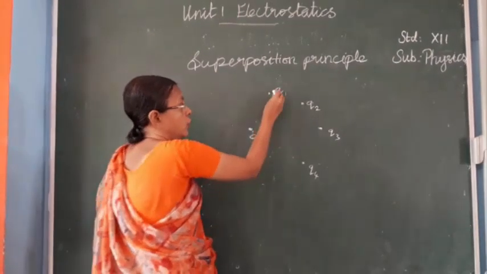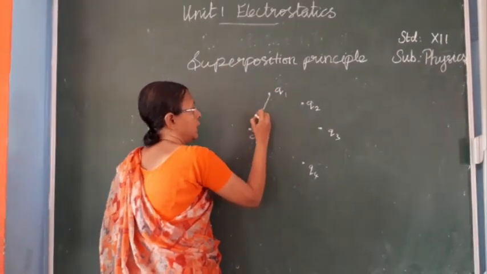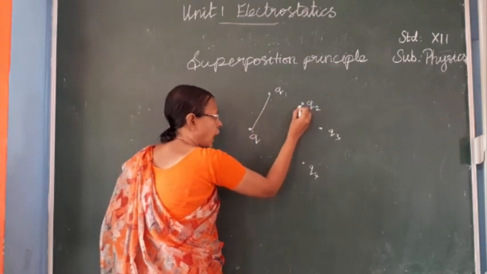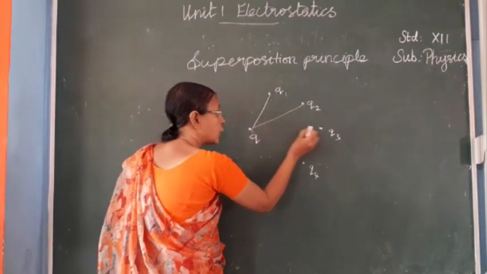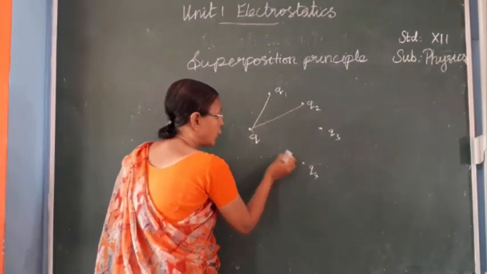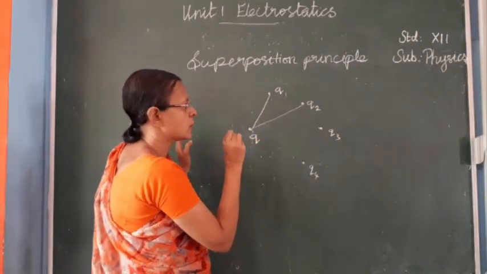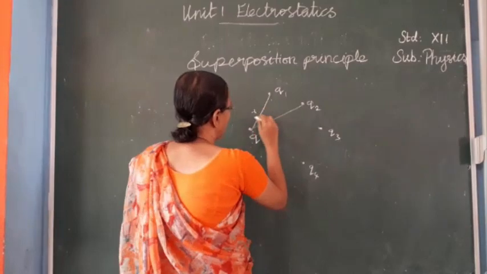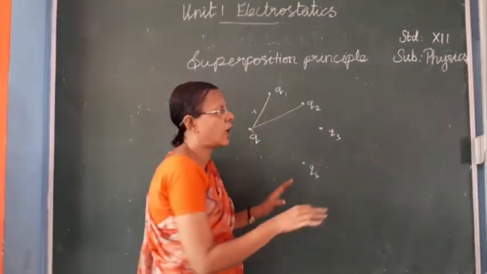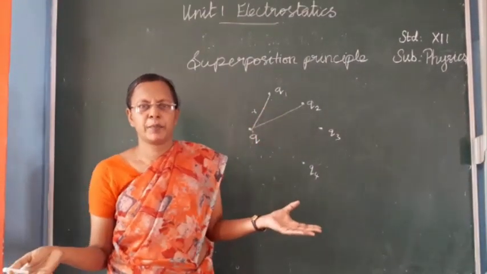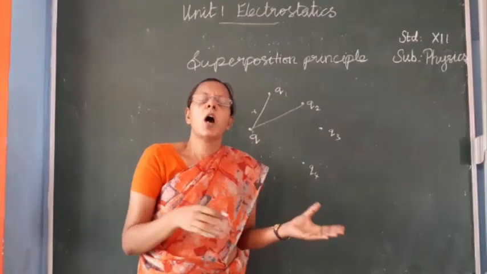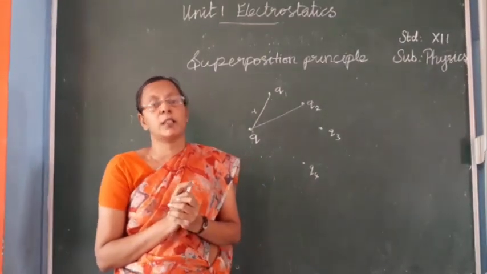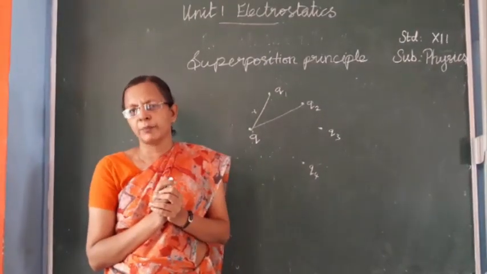Q1 has some interaction here, Q2 has some interaction, Q3 has some interaction, Q4 has some interaction. This distance we can call R1, and all the distances are also different. So how can we find this?